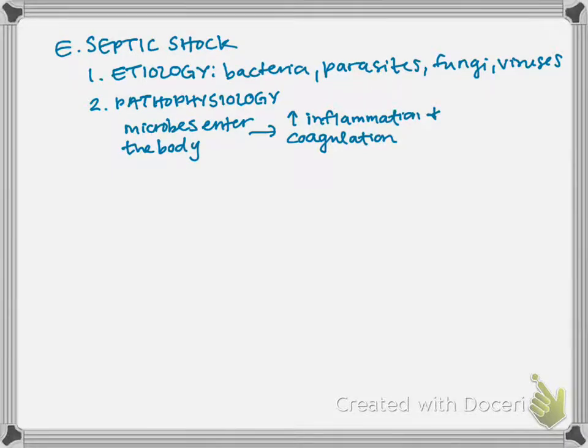It doesn't just have to do with how permeable the capillary membrane is. It also has to do with platelet aggregation and fibrin deposition. So I'm going to leave this right here and go into an inflammatory response review. I'll come back to this slide.